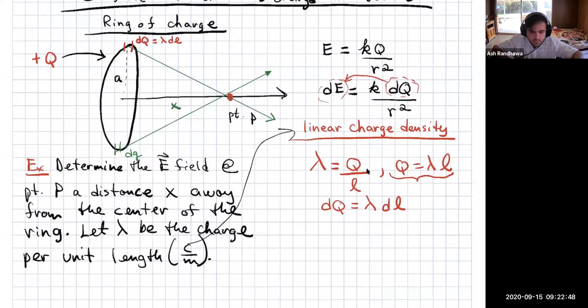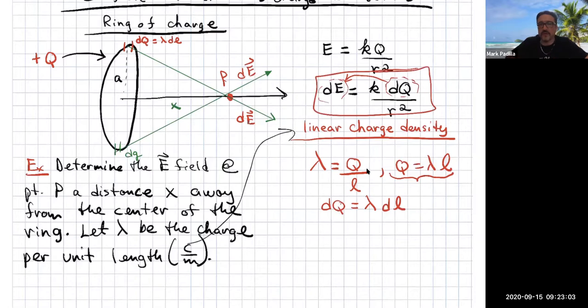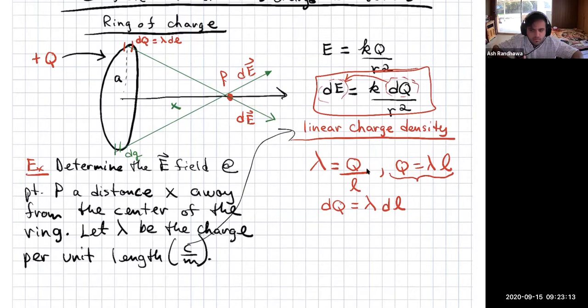Now, if you look at these dq's, here's point P. This is going to have a differential electric field at point P, pointing both ways, because I know dE is k dq over r squared. Those dE's, due to the very top of the ring and the bottom of the ring, form a cone. Can you see the cone?